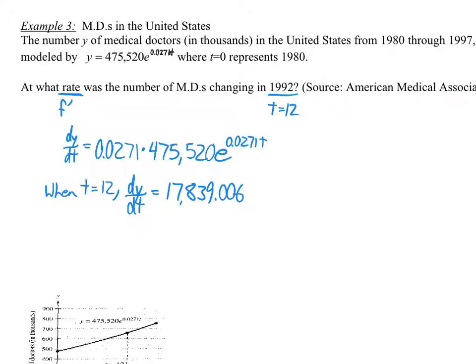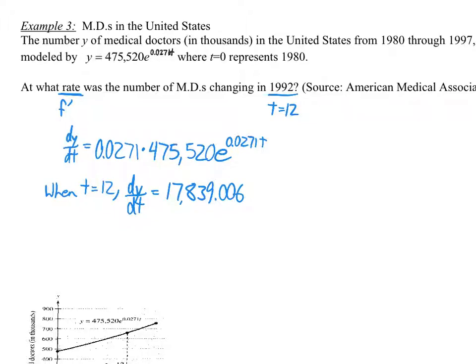Now, what does this mean? What's our unit of measure here for our rate? What is y? It's the number of doctors, the thousands of doctors.